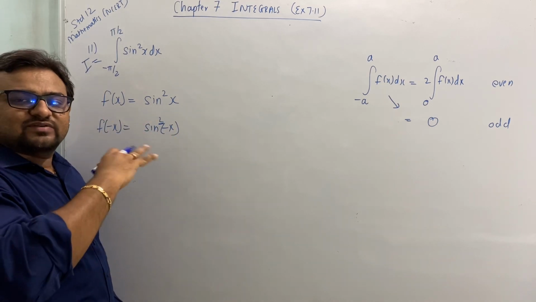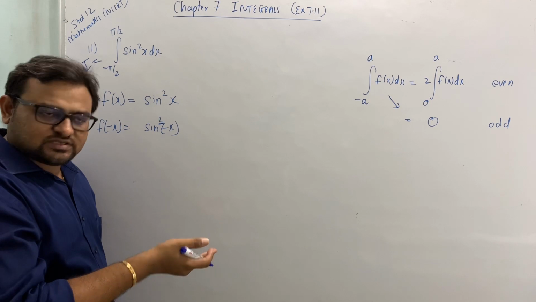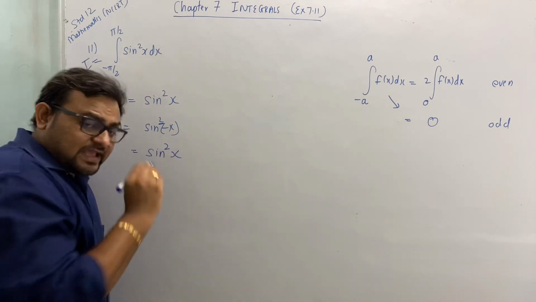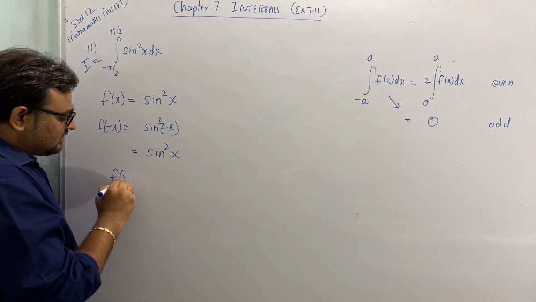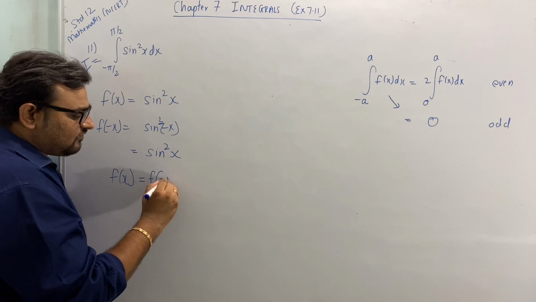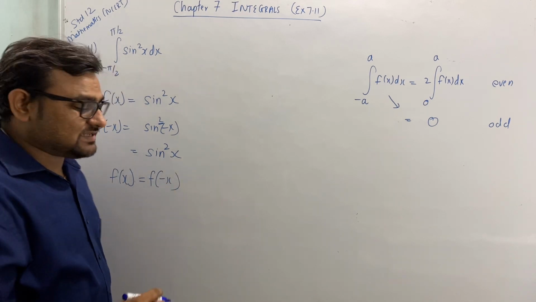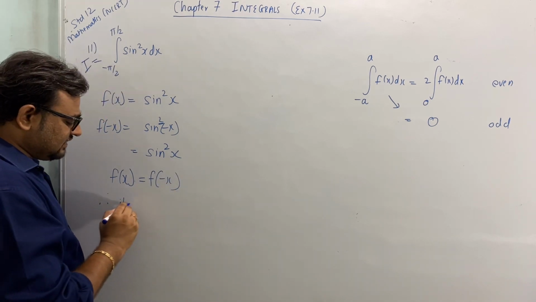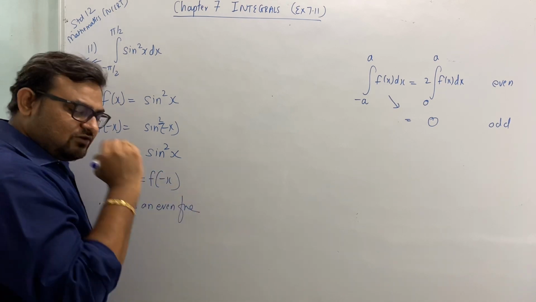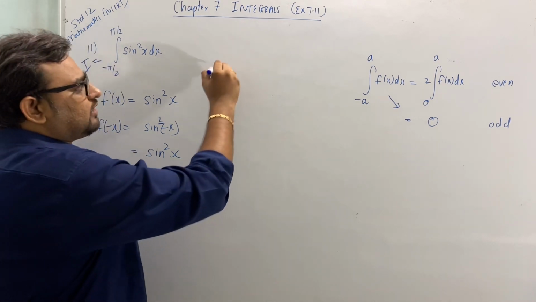So when I square it, it will become plus. So this will be equal to sine square x. So what does this mean? f(x) is equal to f of minus x. Therefore, it is an even function.